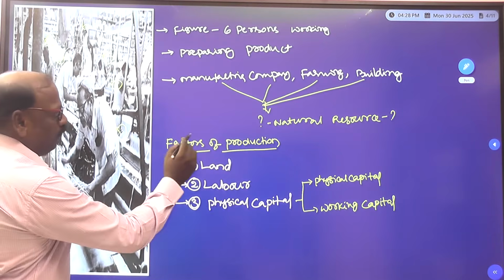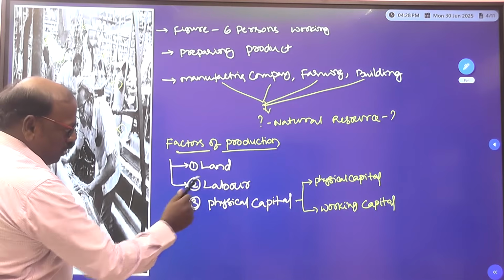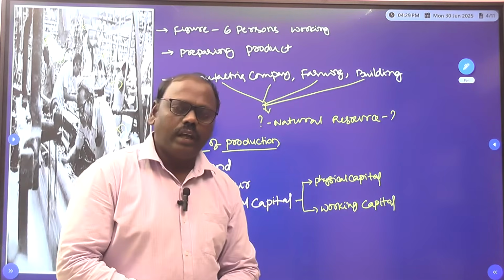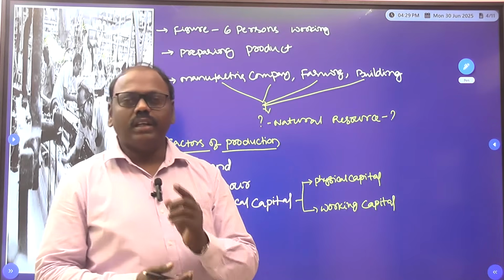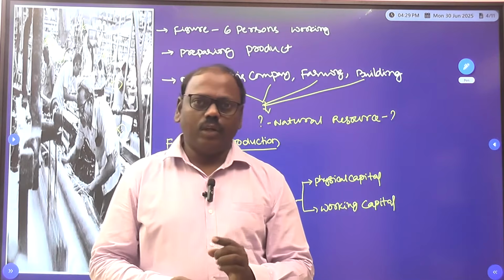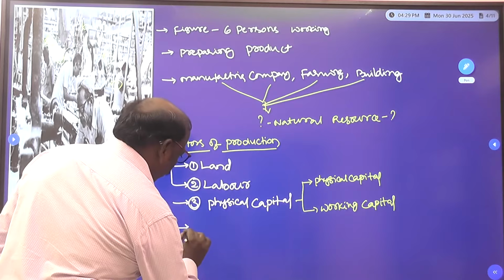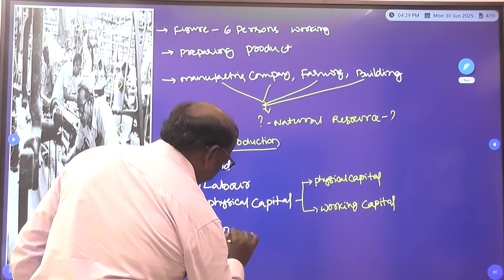Now what are we discussing? Factors of production. First one is land, second one is labor, third one is physical capital. This physical capital we again split into two types of capital: physical capital and working capital. Next, the fourth one is human capital.